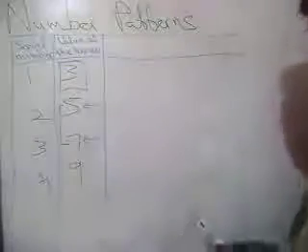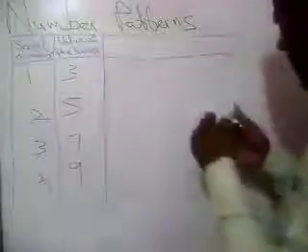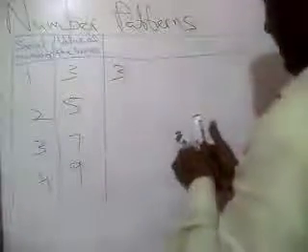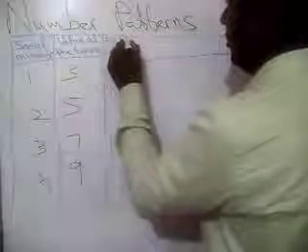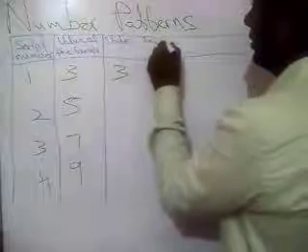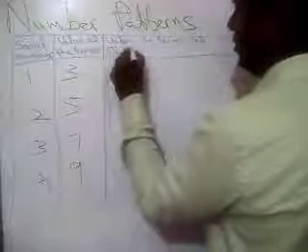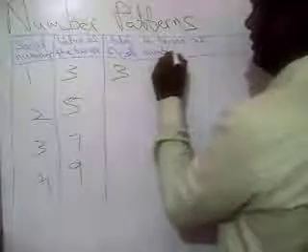Based on this, let's see how each term in this number pattern is calculated. Let me erase this so you don't get distracted. Here the first term is 3. So let me write the value in terms of the first number.